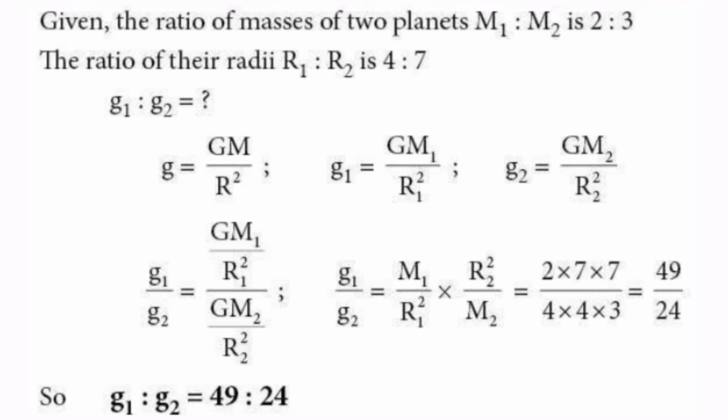If we substitute, we get 2 into 7 square by 3 into 4 square, is equal to 2 into 49 by 3 into 16, which simplifies to 49 by 24. The ratio of g1 is to g2 is equal to 49 is to 24.